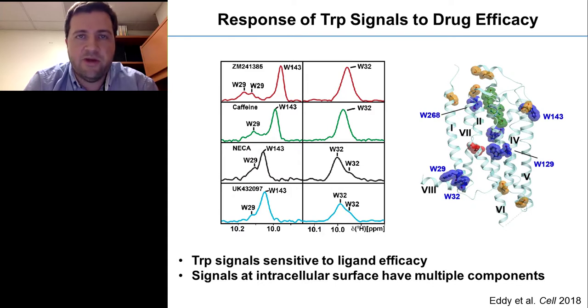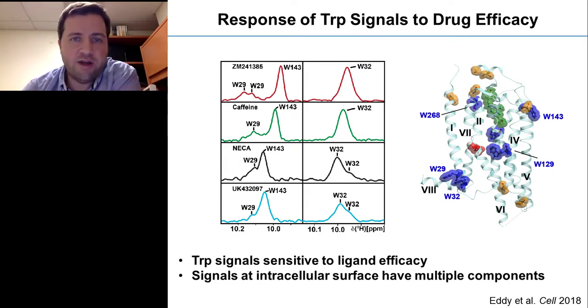You'll also notice for the complexes with agonists, so there are 2 examples in the bottom of this panel, NECA and UK432097, tryptophan 32 actually shows 2 components in the signal, and overall the signal is broader than what's observed for tryptophans on the extracellular surface. This broadening or signal multiplicity is due to the presence of multiple simultaneously populated conformers that are local and in exchange.